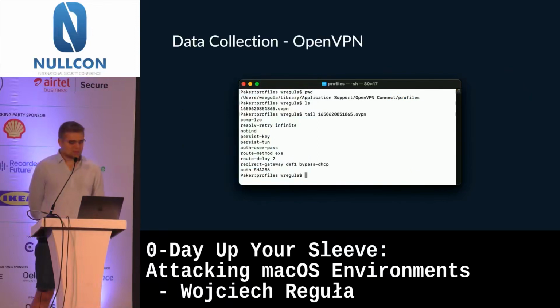So OpenVPN stores its profiles in the application support directory that can be accessed without any additional privileges. Like, a standard macOS user can access it without providing any password. It's not encrypted.